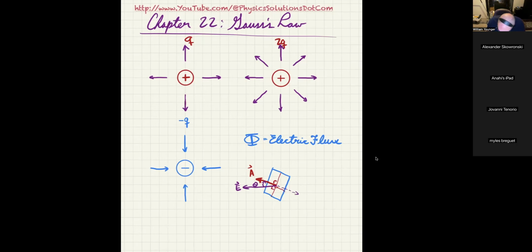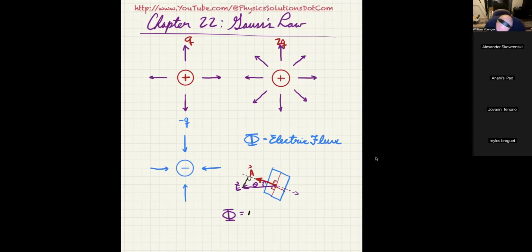Now, what is that flux? Well, in order for us to choose the component of the electric field that is actually perpendicular to the window surface, we have to basically take the component of the electric field that's parallel to A. If you look at it this way, I'm going to draw a little bit more and complete a right triangle here, so that you can imagine the electric field as having one component parallel to A and the other component perpendicular to A. The component parallel to A would be given by E times cosine theta.